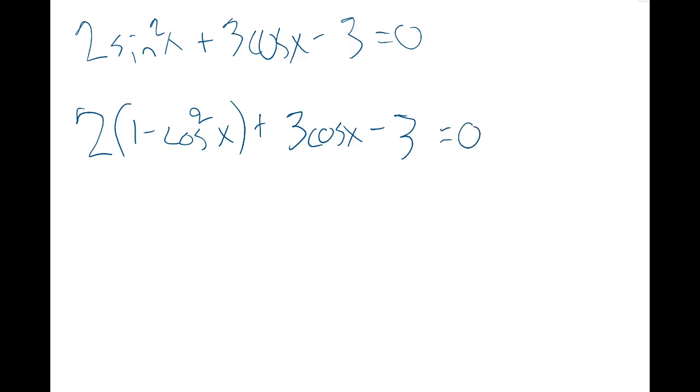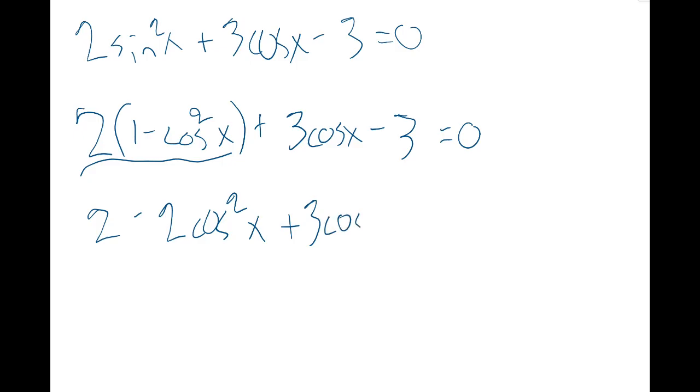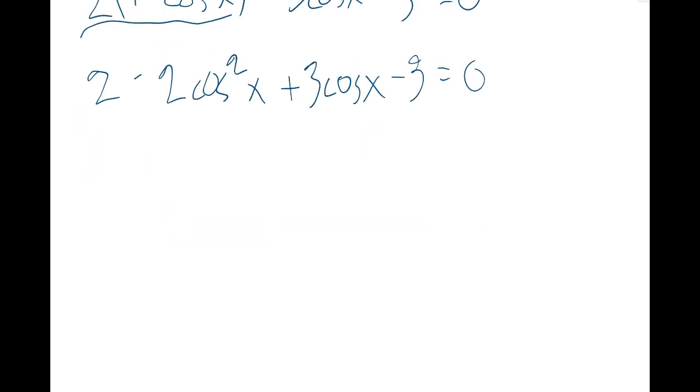What we're going to do after that is just distribute this part of it. So we're going to get 2 minus 2 cosine squared x plus 3 cosine x minus 3 equals 0. And then we can combine the positive 2 and the negative 3.